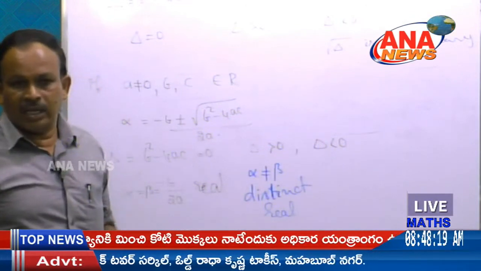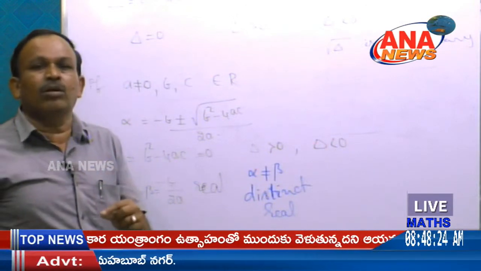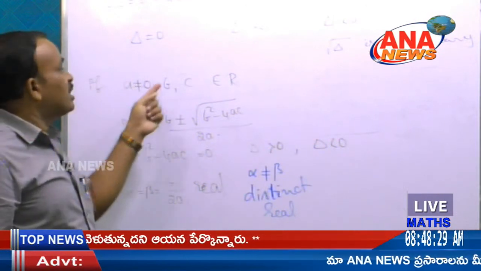If delta is greater than 0, the equation ax square plus bx plus c equals 0 has distinct real roots when a, b, c are real values.